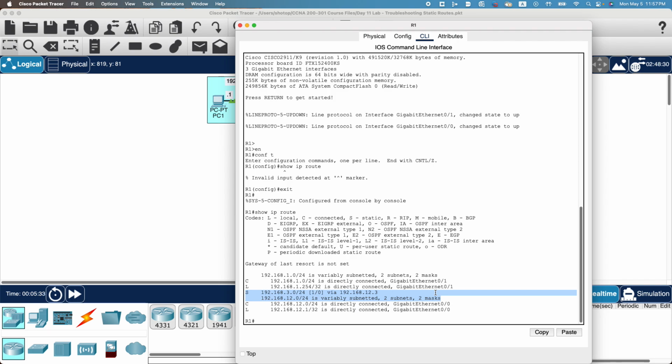Okay, so what does it lead to? Oh, I see. It has two static routes. One to the 192.168.3.0/24 network via 192.168.12.3.